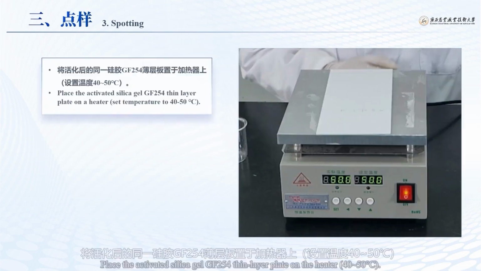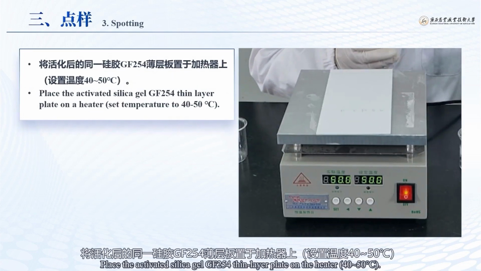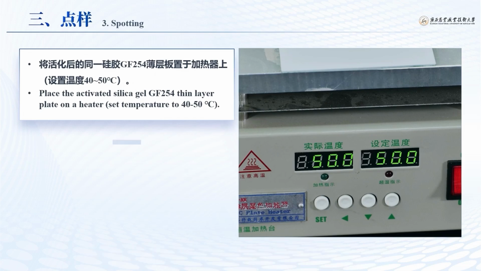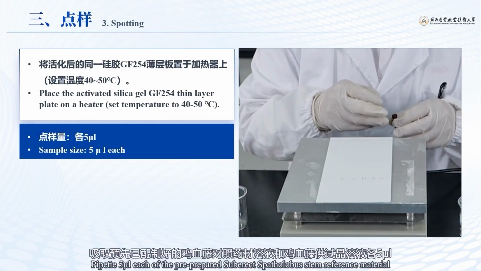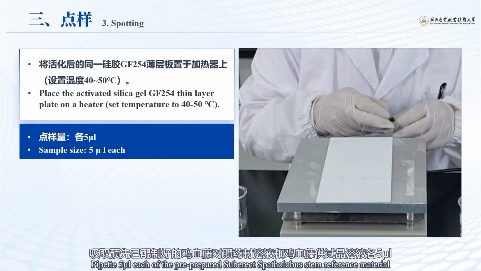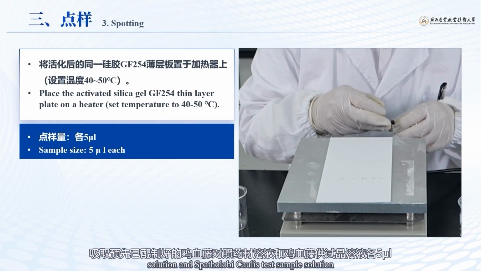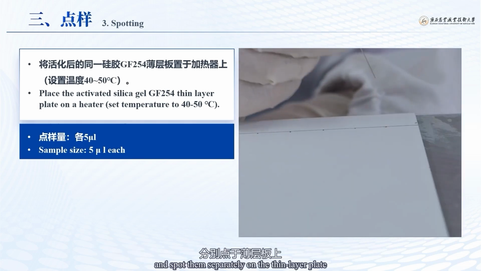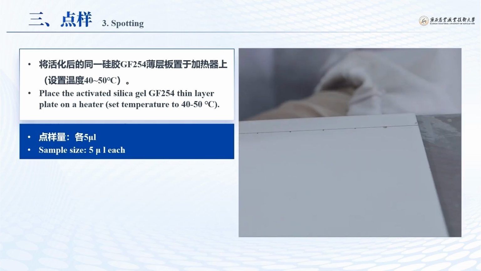Third, spotting. Place the activated silica gel GF254 thin layer plate on the heater, between 40 degrees Celsius and 50 degrees Celsius. Pipette 5 microliters each of the pre-prepared Spatholobus stem reference material solution and Spatholobus stem test sample solution, and spot them separately on the thin layer plate.